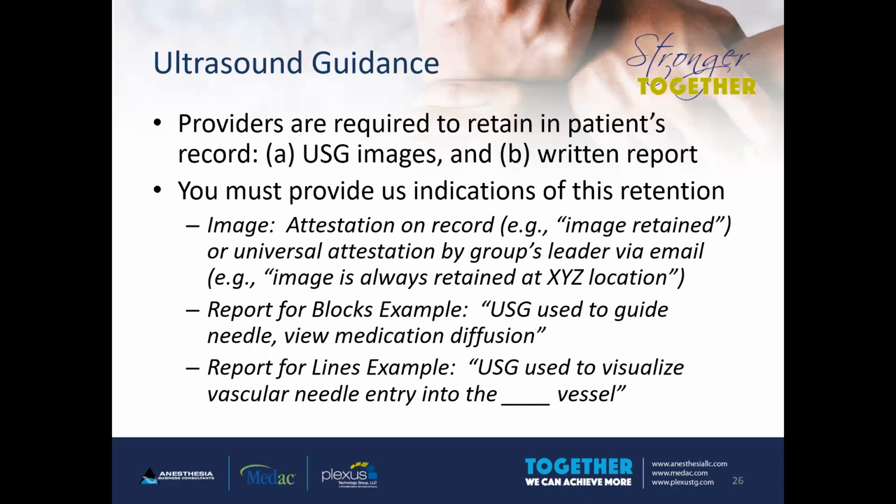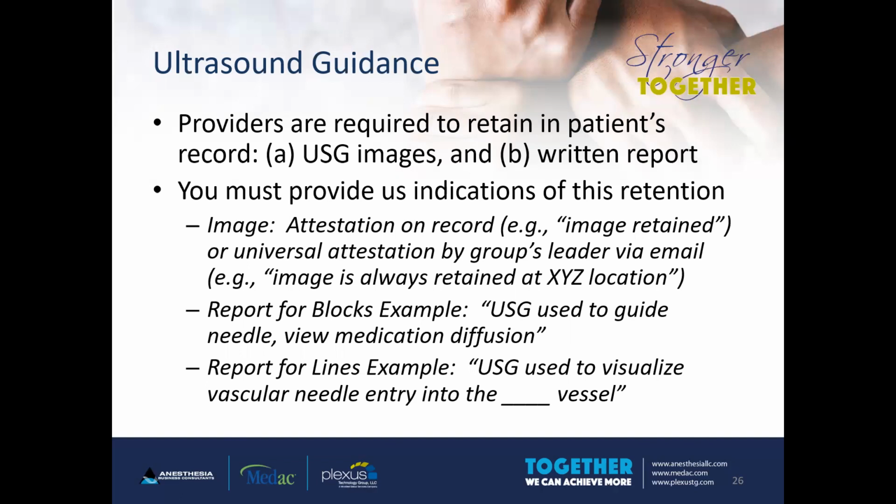Now, when it comes to USG for these lines and blocks that we've been talking about, except for where they're bundled now, you are required to retain in the patient's record both the image and the report if you want to get paid. So that means we at the billing office need evidence that you did in fact retain the image and report. So if you'll just make sure to attest on the record where you're making a claim for USG, such as image retained, that kind of verbiage is necessary for us at the billing office.